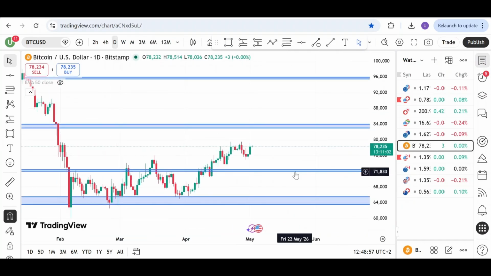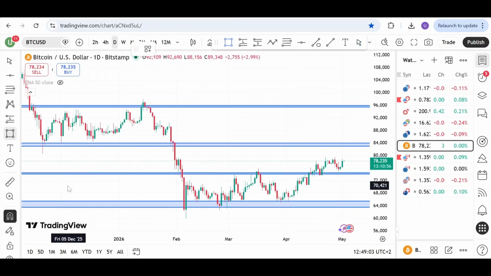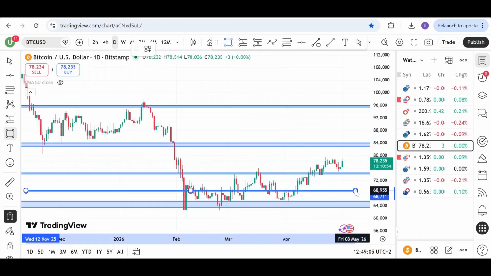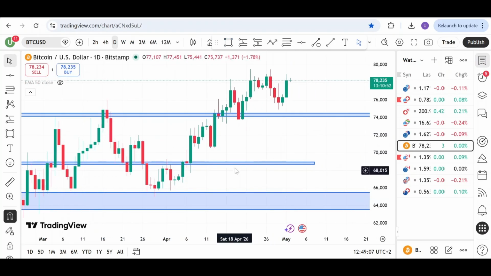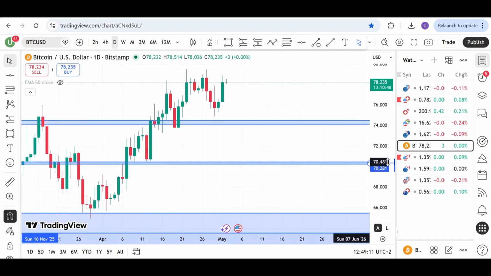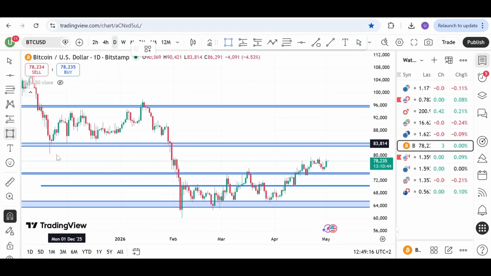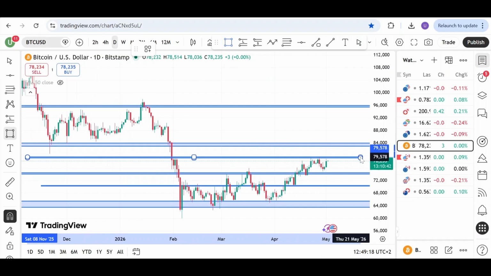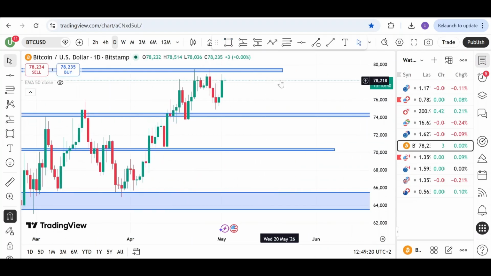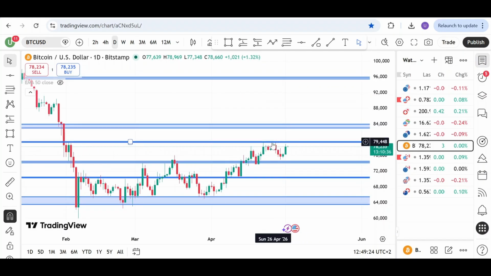This is a daily level here, okay, and also this is another level here, okay, this is another level here. I can even add another level here, which is going to help us see what's really going on.